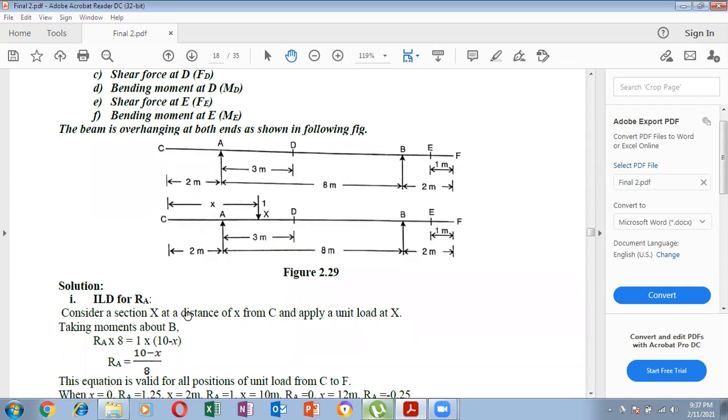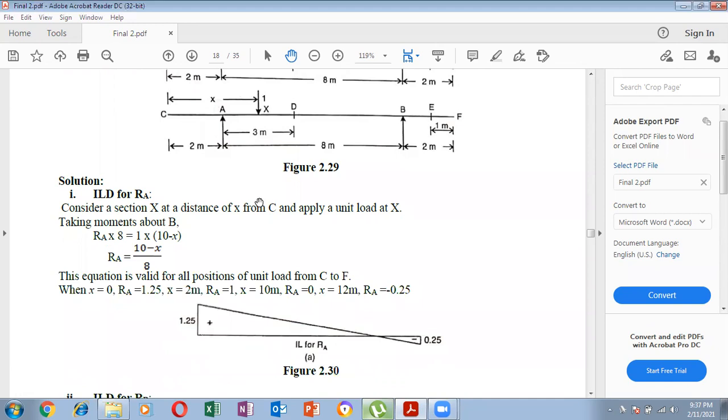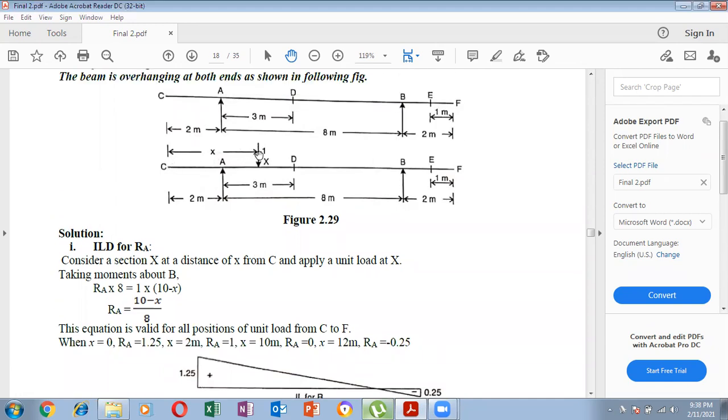For calculating the ILD, consider a section X at a distance of x from C and apply a unit load at X. Taking moment about the point B, RA into 8 minus 1 into (8 plus 2, that is 10, minus x) equals 0. Moving 10 minus x to the other side of the equal sign, RA is equal to (10 minus x) by 8.